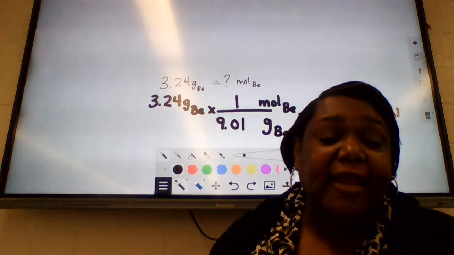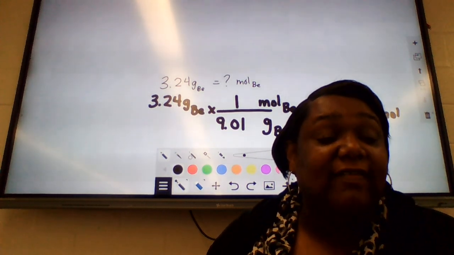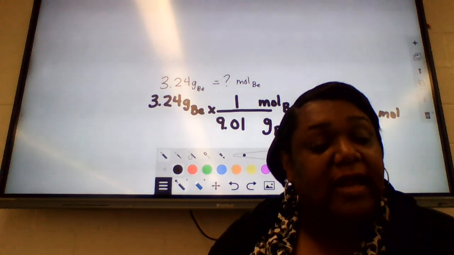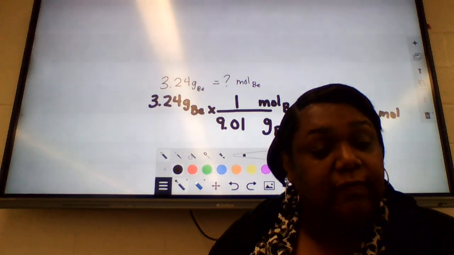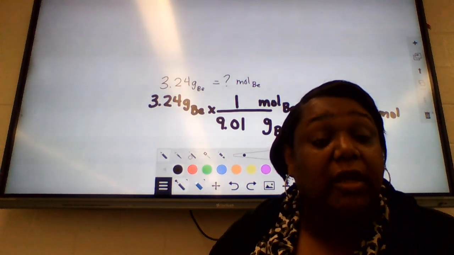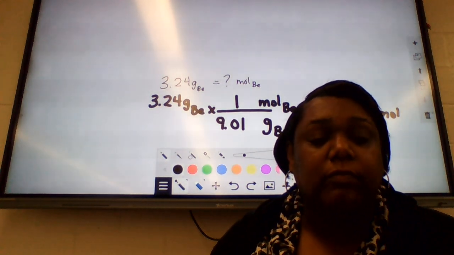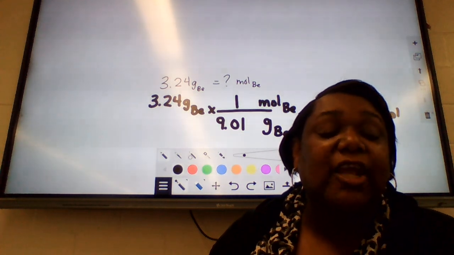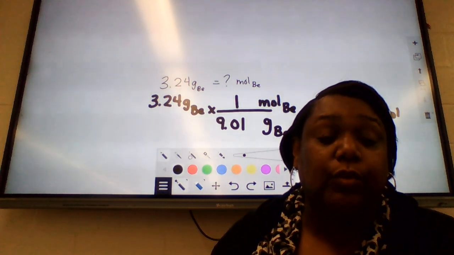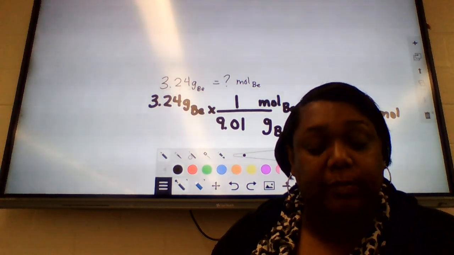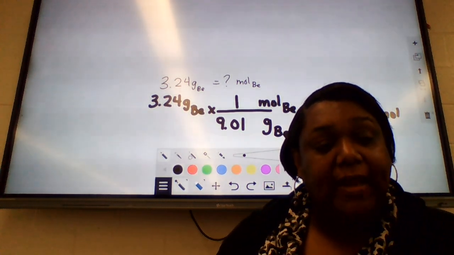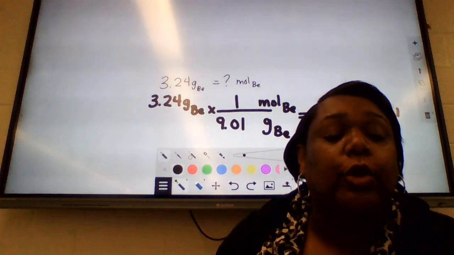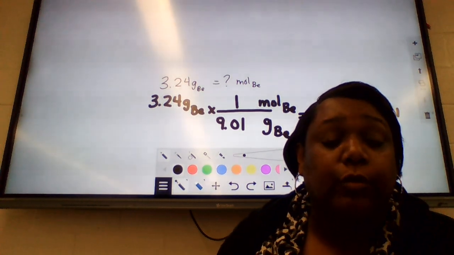When you have an ionic compound, you could be asked to find the number of ions, or you also could be asked to find the number of formula units, which is what the smallest part of an ionic compound is called. Or if it's a covalently bonded compound, then they could ask you to find the number of molecules. So your 4 particle terms are atoms, ions, formula units, or molecules. If you see any of those terms, those are all your particle terms.